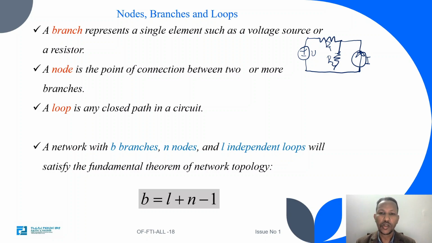So a branch connects to nodes. It represents a single element in a circuit. It can be a voltage source, a resistor, a capacitor, or a current source. A node is the point of connection between 2 or more branches.